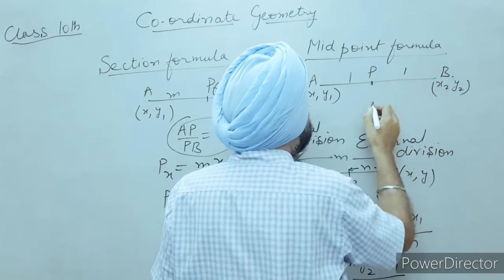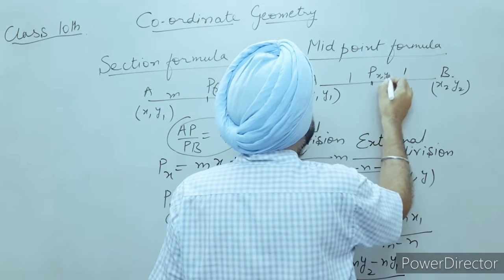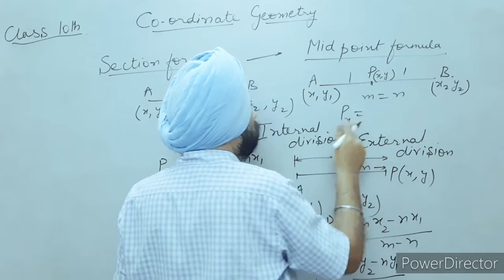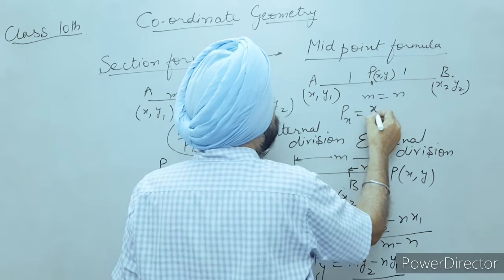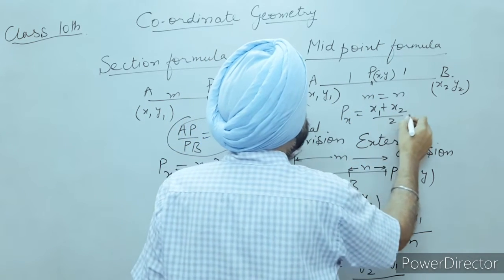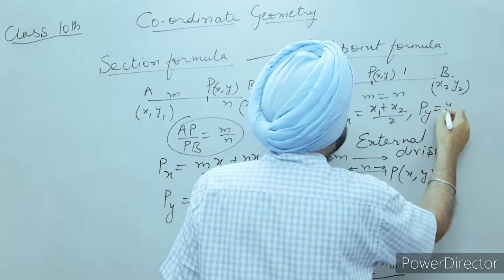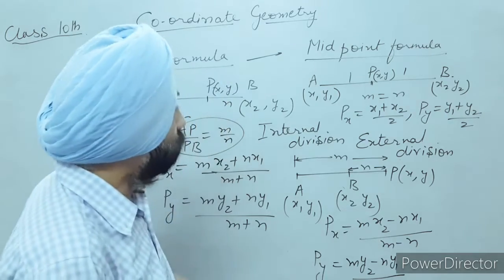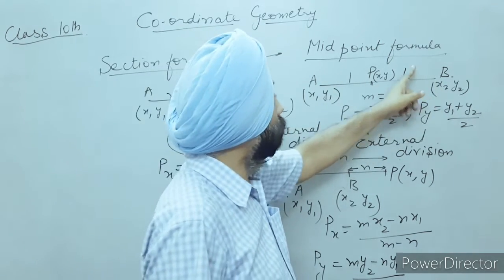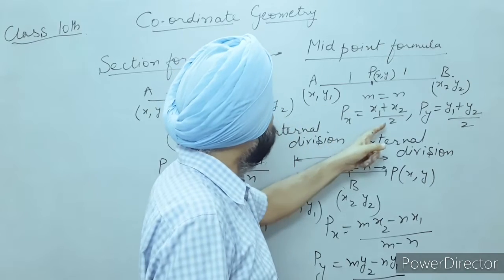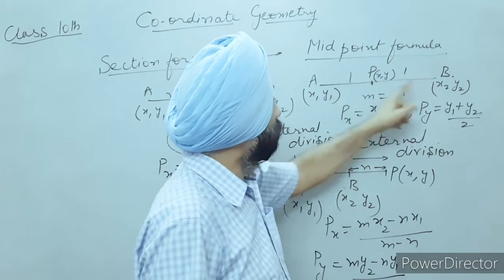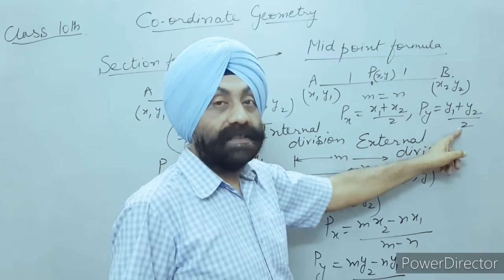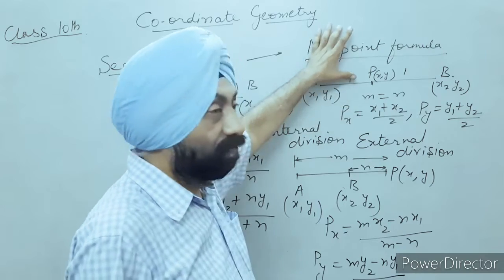This is 1:1, that is, m is equal to n. Then P of x, the abscissa of point P, is equal to (x1 plus x2) divided by 2, and P of y equals (y1 plus y2) divided by 2. It's basically the section formula itself: 1 into x2 plus 1 into x1 divided by 1 plus 1, that is 2. Similarly, 1 into y2 plus 1 into y1 divided by 1 plus 1, that is 2. This is the midpoint formula.